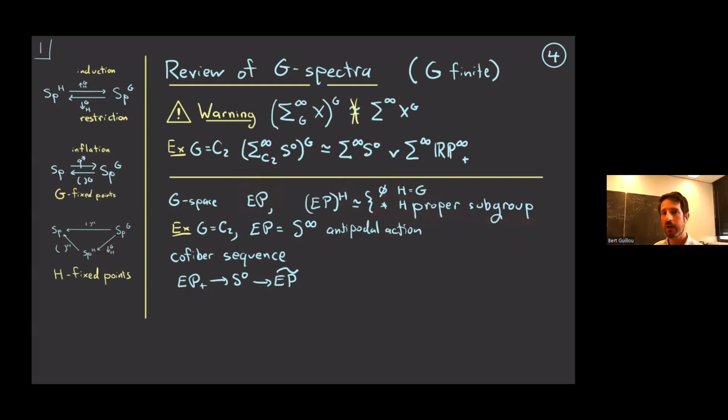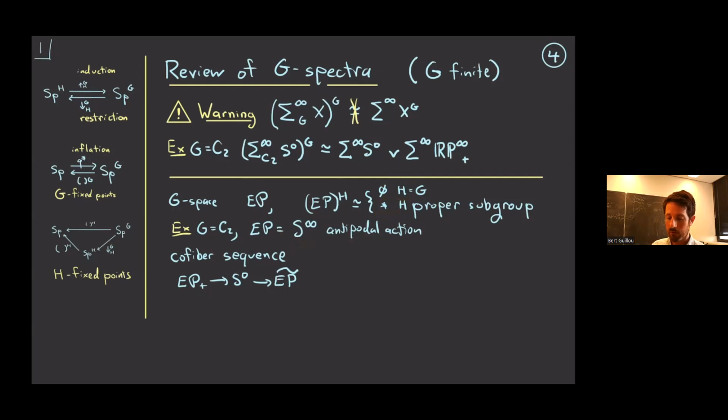And it turns out that you can always produce such a space. In the case of C2, here is a construction of it, but again, these always exist for any group G. For C2, you take the infinite sphere, S infinity, but now you equip it with the antipodal action. As an underlying space, it's contractible because S infinity is contractible. But this is a free action, so there are no fixed points. So that's why this counts as one of these spaces.